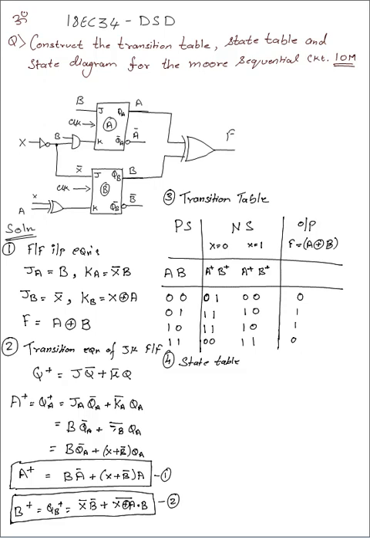Now we have two flip flops, so we have 4 combinations: 0 0, 0 1, 1 0, 1 1. Each combination we assign a state. Assume A is assigned 0 0, B is assigned 0 1, C is assigned 1 0, D is assigned 1 1.